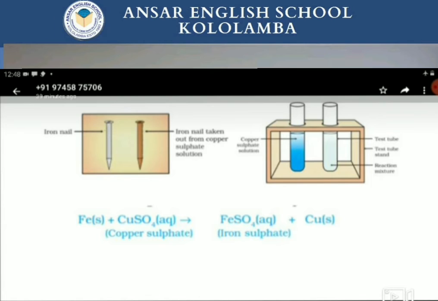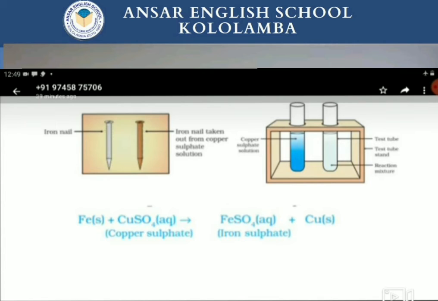Here, in this reaction, we are taking 2 iron nails, 2 test tubes and copper sulfate solution. Take copper sulfate solution in both test tubes and immerse an iron nail in one test tube of copper sulfate solution. Keep another nail for comparison. After 20 minutes, take out the iron nails from the copper sulfate solution.